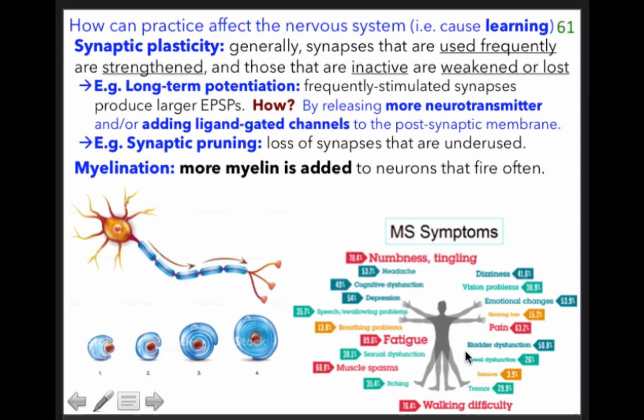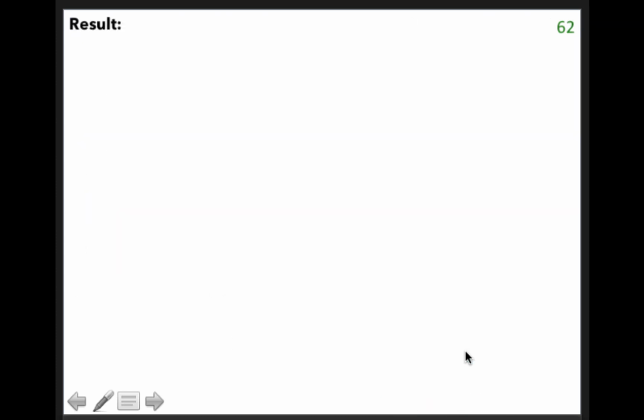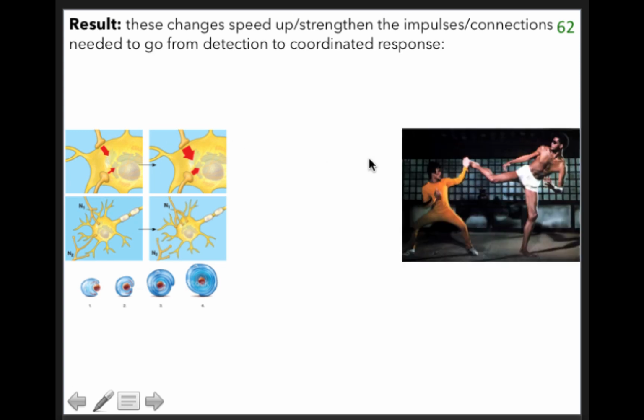All right, so the result of all these different types of synaptic plasticity and changes in myelination is that you can basically speed up or strengthen the impulses or the synaptic connections that are needed to go from detecting to giving a coordinated response.